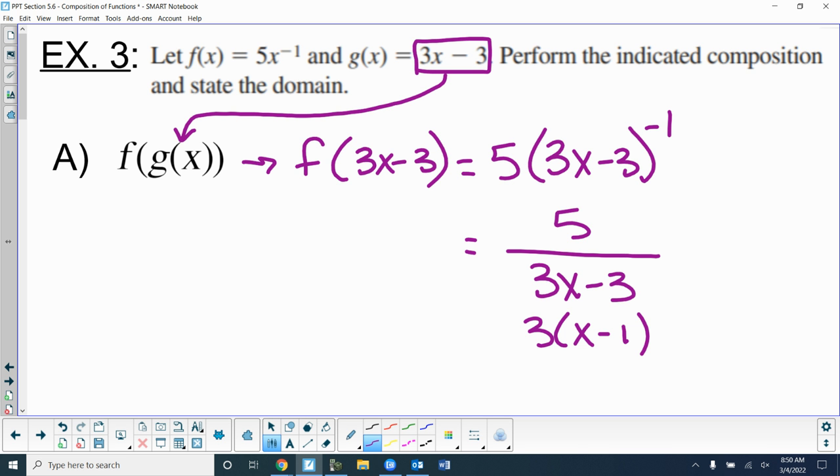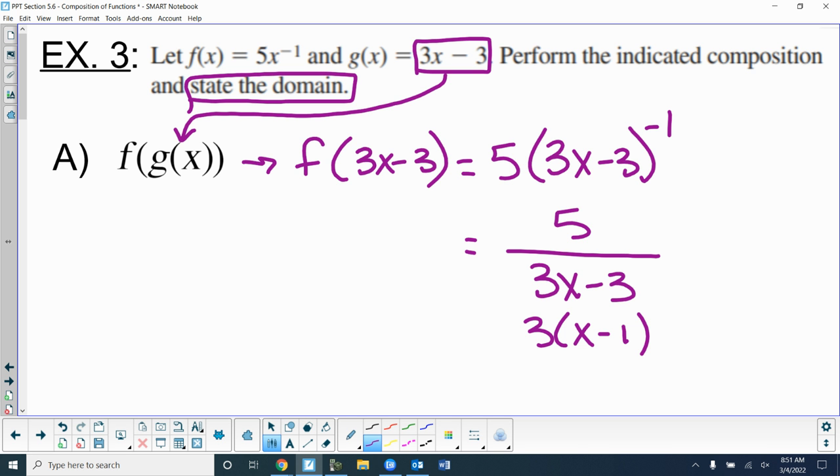Now, it says state the domain here. What number are we not allowed to have in a denominator? A radical or zero, right? Imaginary is neither, right?